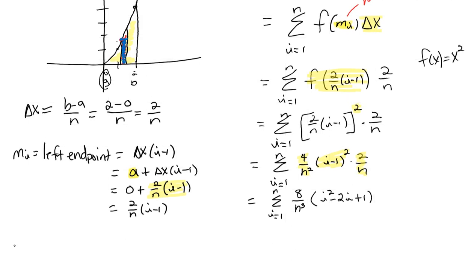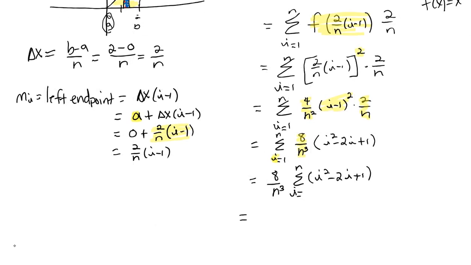Now, one of the properties of the summation notation is that you can pull a constant outside the sum, and even though that n is a variable, it is not the variable in the sum. So we're able to pull that constant out because the variable in this sum is i. So we have 8 over n cubed times the sum of i equals 1 to n of i squared minus 2i plus 1.